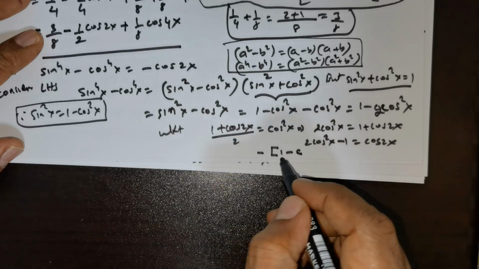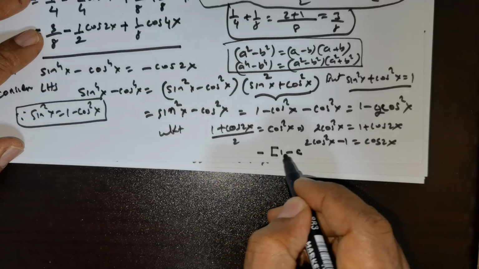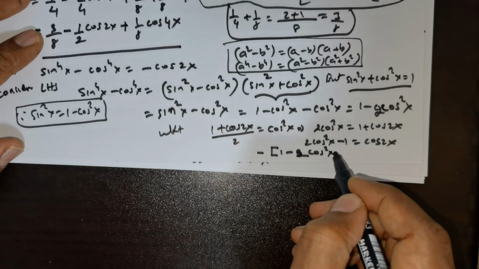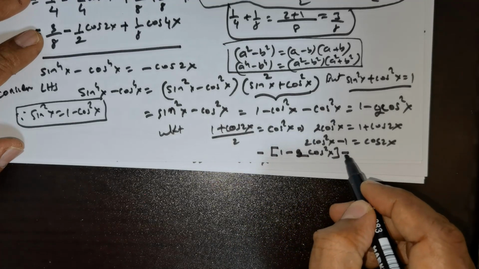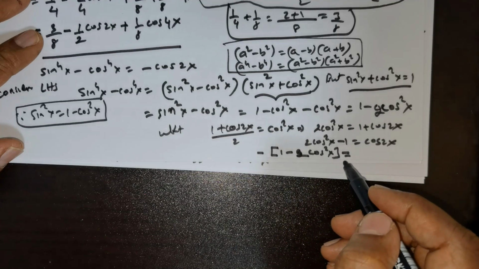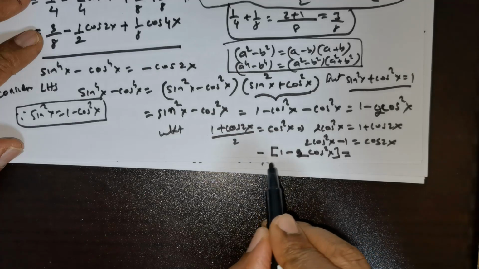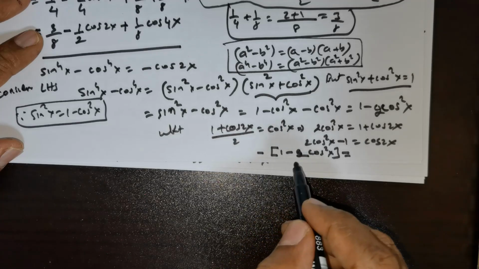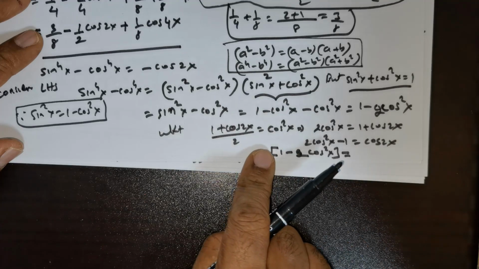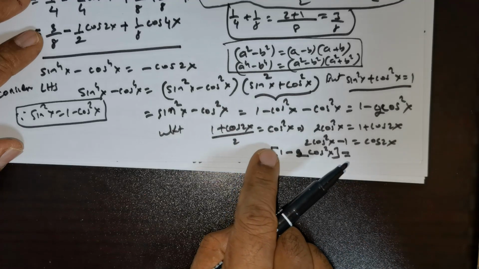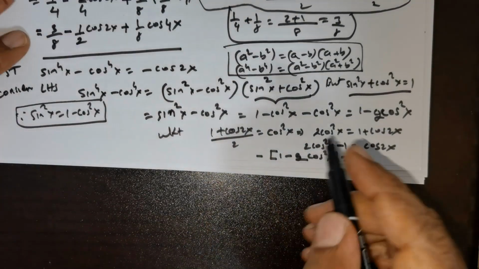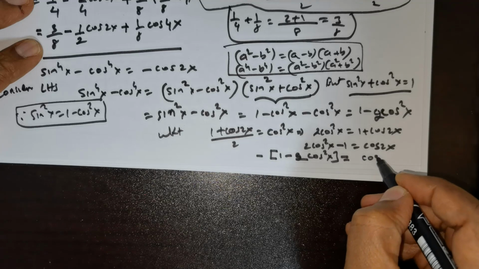If I were to take the negative sign out, this is going to be 1 minus 2 times cos squared x. On the right hand side it remains the same.